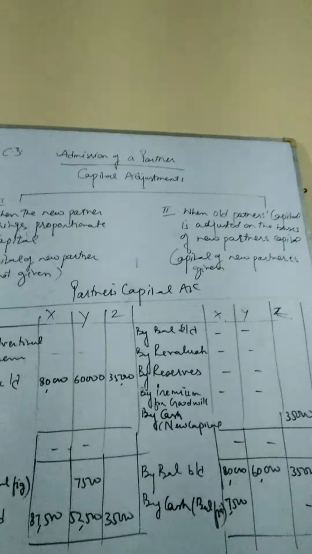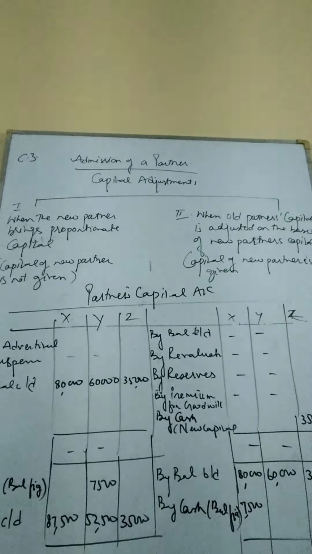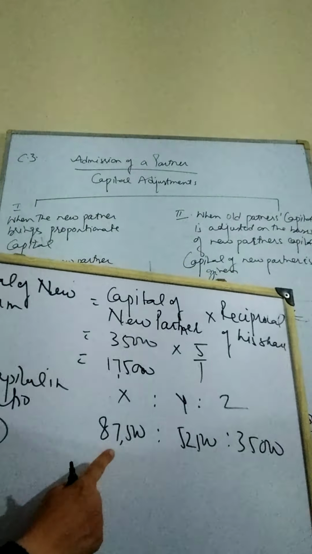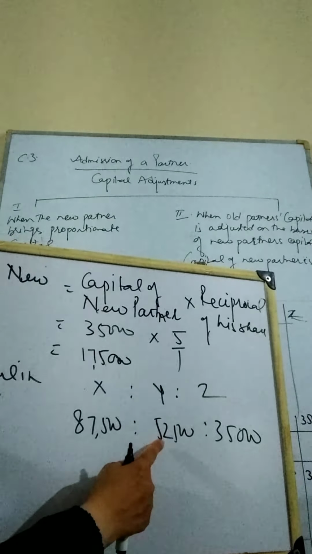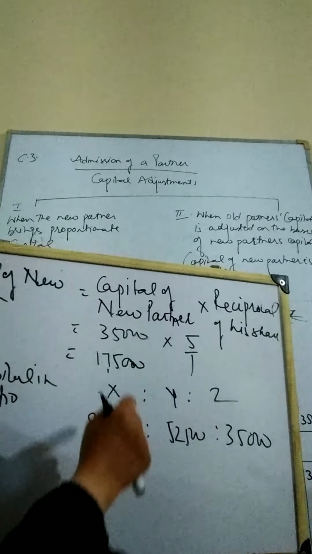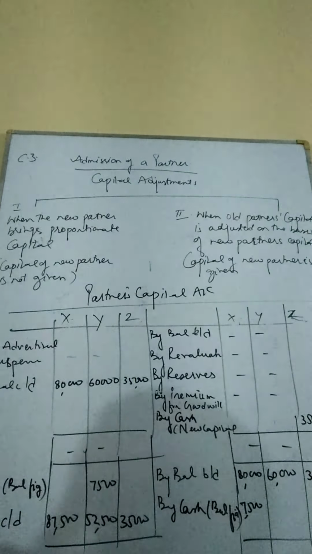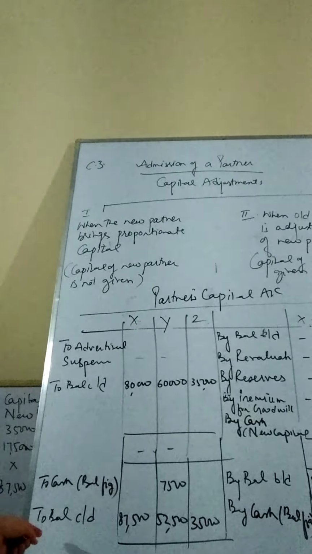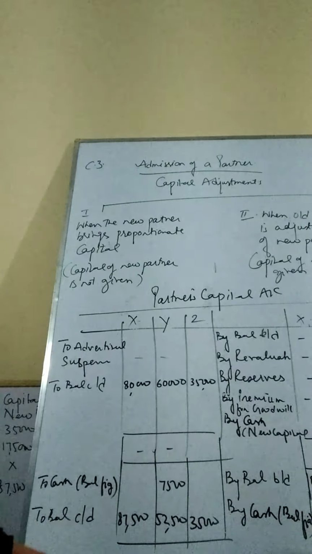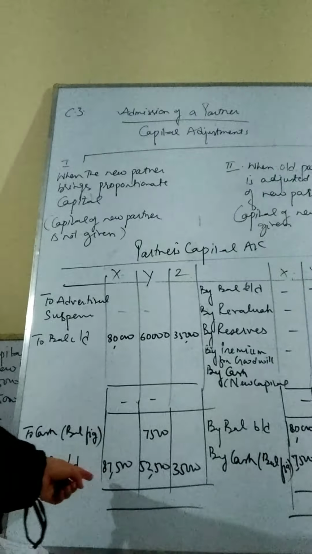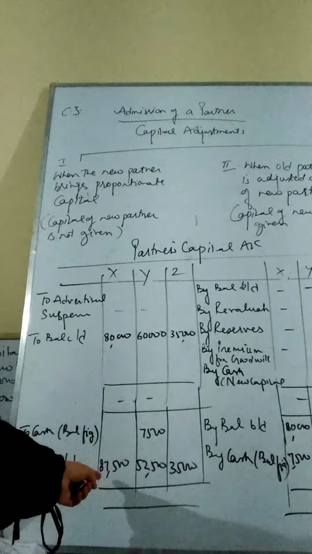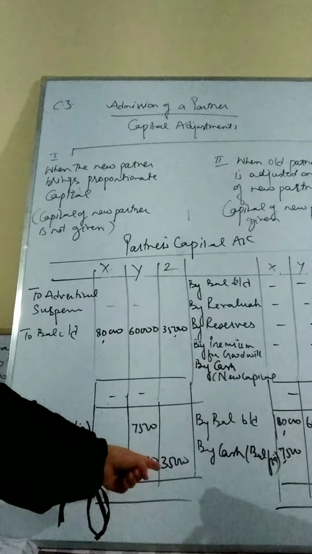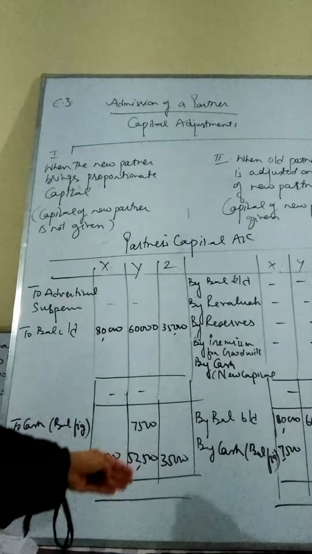Then what is the new capital that we have calculated? The new capital that we have calculated as per the new ratio is 87,500, 52,500 and 35,000. That we are going to write again over the debit side. You can see over here balance carried down, we will write the fresh capital now of the new ratio. Now we will take up the difference.